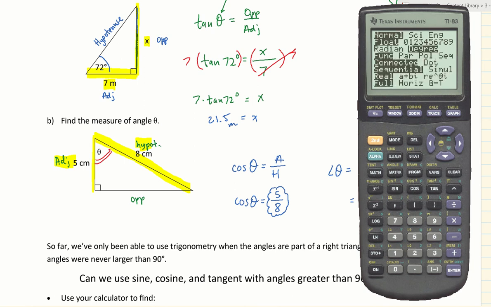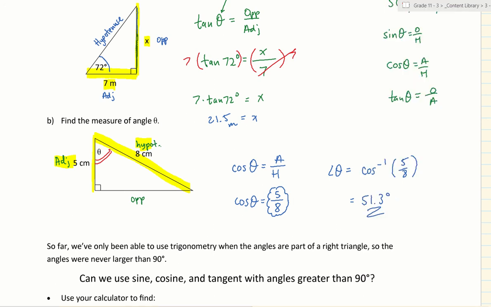If you're getting weird answers as you work along with me, you might be in radians rather than degrees. We need to be in degrees, so your calculator needs to be set to that. Some calculators have you type the numbers first and then press tan. So it's really just figuring out how to make your calculator work with that. If you have any questions, make sure you ask about that in class.